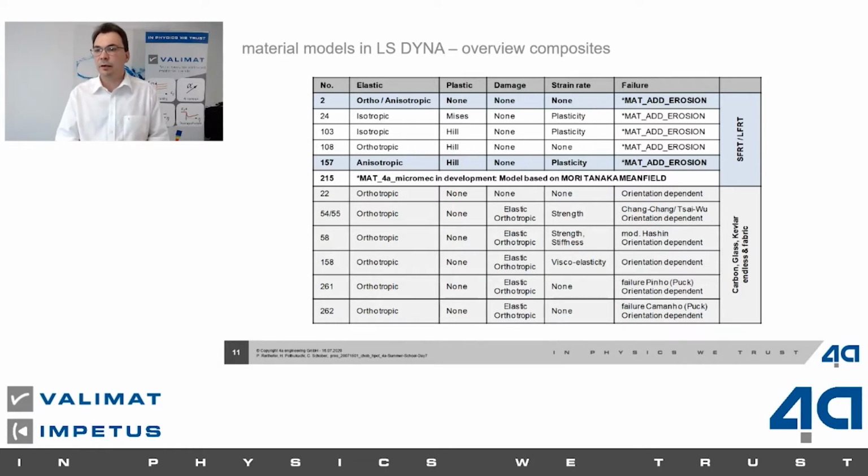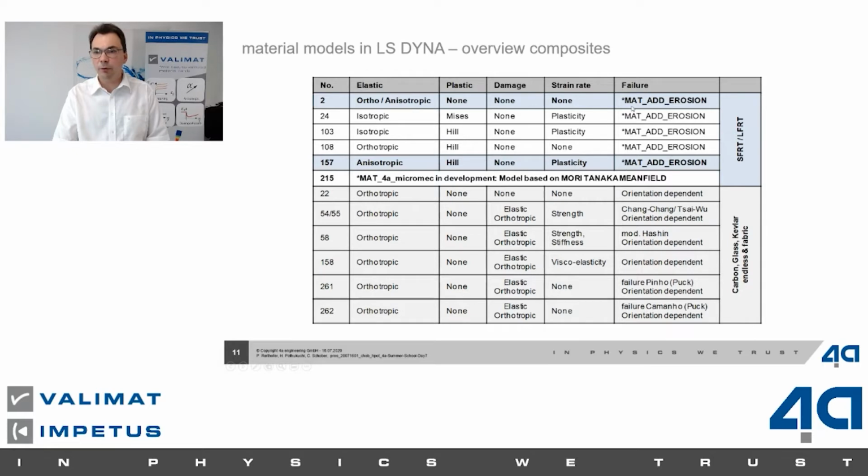The other class is for the short and long fiber reinforced thermoplastics. In that case we have not so much fiber in it, typically just 10 volume percent fibers in the material, and plasticity plays quite a big role. And as we see, we can define plasticity in these material models, and I will talk about that later on. Lots of you are using an isotropic approach because this plasticity is quite important for you. But there are also others like MAT 157, which has an anisotropic elastic behavior with an anisotropic Hill description for the plasticity and so on.